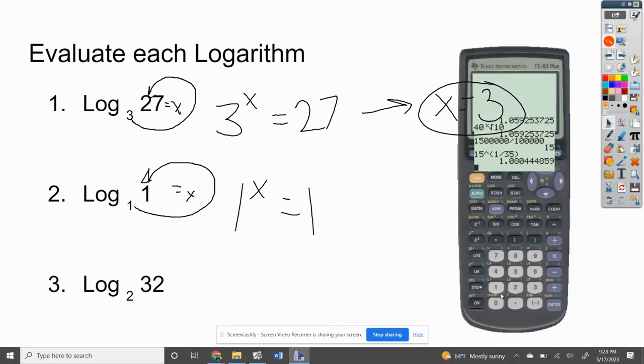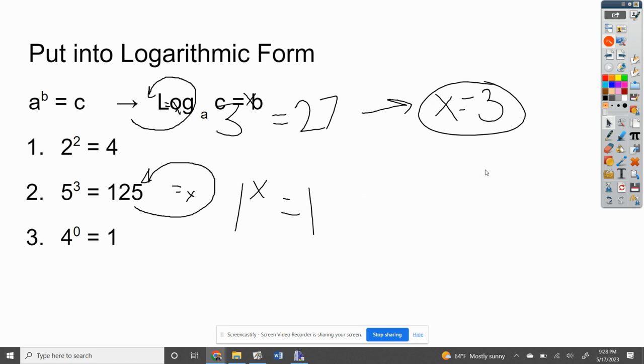Let's check that. 1 to the power of 54, right? That should be 1. 1 to the power of negative 54 should still be 1. All right, so I could write down that x was 1. I could write down that it's 2. I could write down that it's 12, right? It's literally anything.